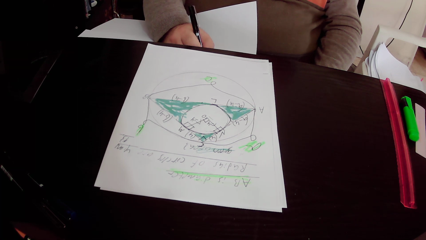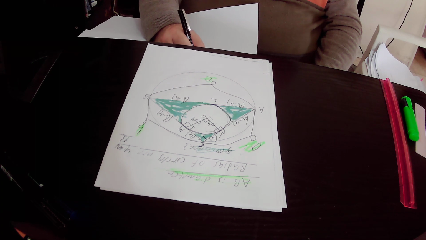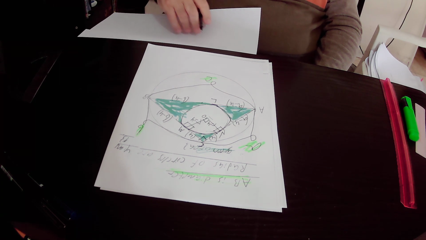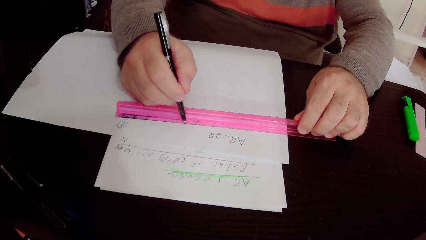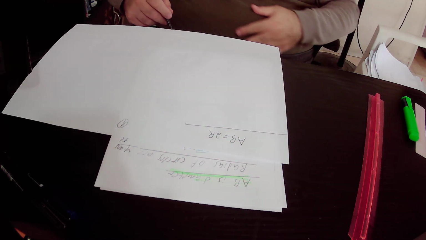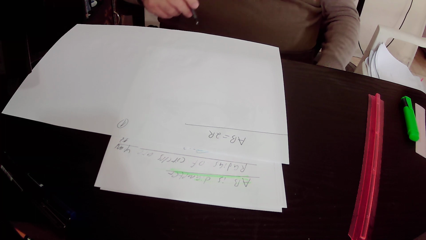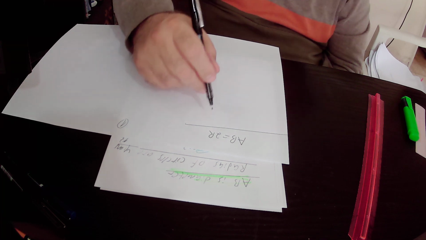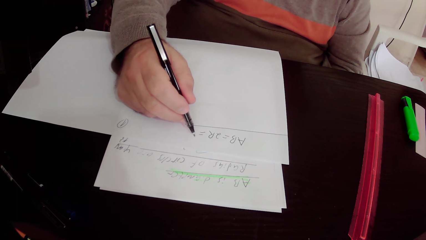So if the radius of the big circle is defined as R, then the diameter AB will be equal to 2R. It is given in the question that the radius of the big circle equals 13 units, so R equals 13, therefore AB, that is 2R, will be equal to 13 times 2, which is 26.